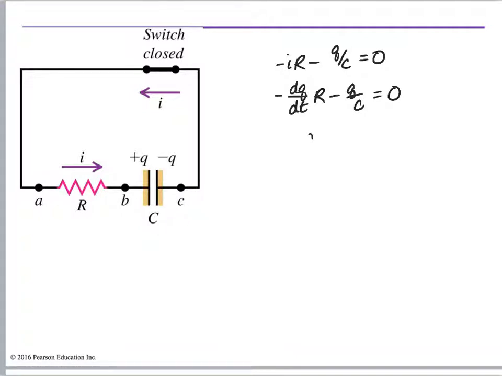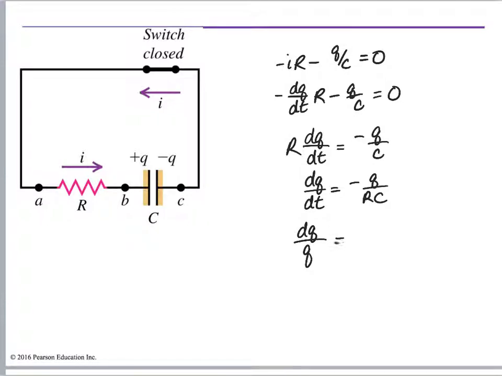And so dQ/dt times R is equal to minus Q over C, so dQ/dt is equal to minus Q over RC. Now I'm going to separate my variables: dQ over Q equals minus dt over RC. And this is what we're going to integrate from Q naught, the maximum charge, to some arbitrary charge, and time going from 0 to t.